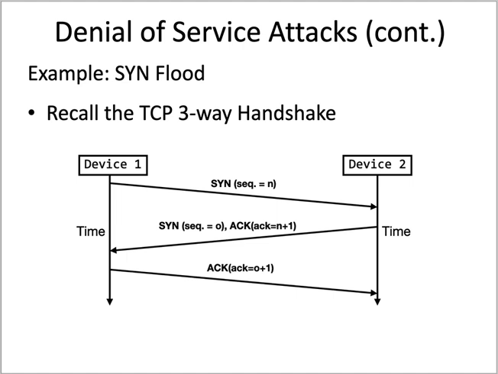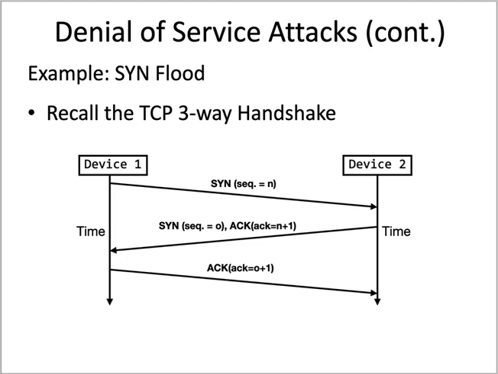When device 2 sees that, it replies back and sends back a SYN ACK. So it has the SYN flag set with whatever sequence number it's using to talk back. And then it sends an acknowledgement, which is the sequence number that device 1 sent incremented by 1, so that it knows which packet is being acknowledged.